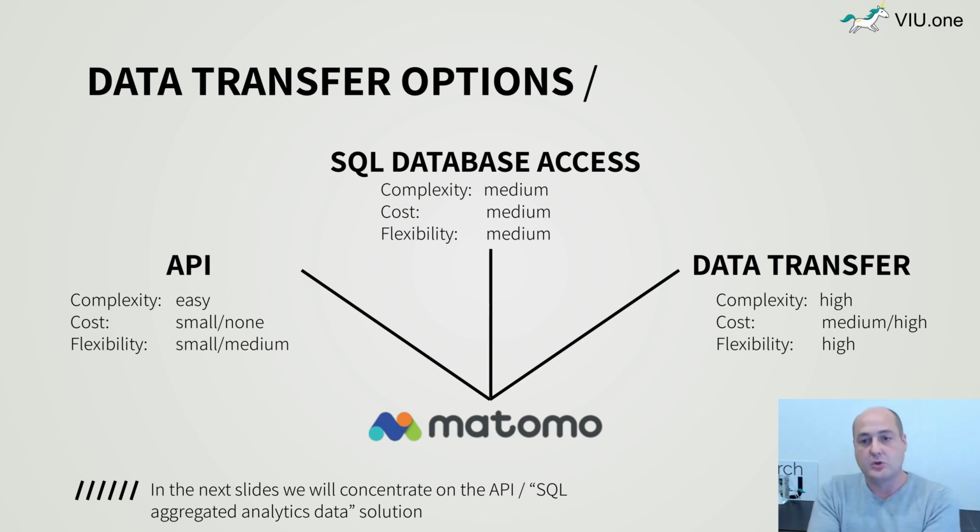Cost could be medium if you want to sync, but if you have direct access to the database, it's also small. And you're a little more flexible than the API solution. Data transfer is really complex in most cases. The costs are higher, but it's more flexible. So if you have some requirements that other solutions can't give you, this could be the solution.